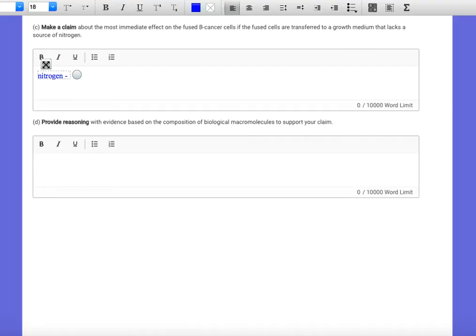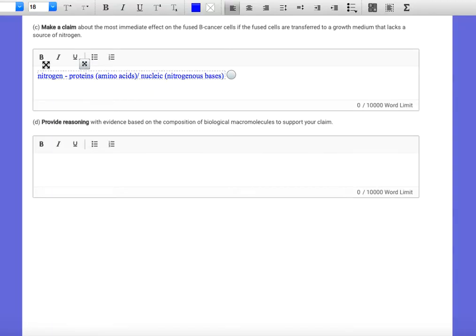Amino acids do, so they're involved in proteins, which have nitrogen in amino acids, and also nitrogenous bases, obviously. So nucleic acids, because they contain nitrogenous bases.